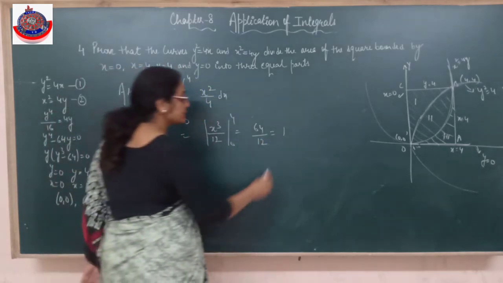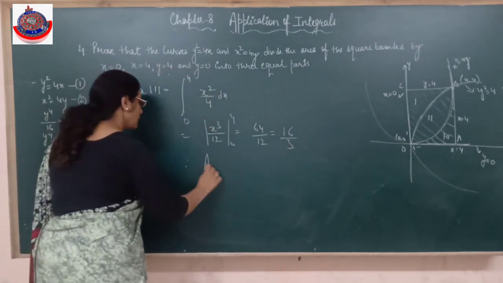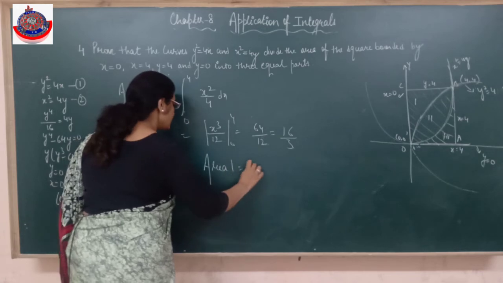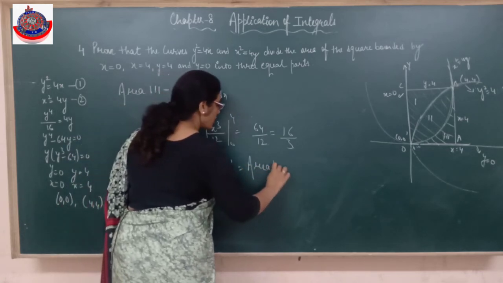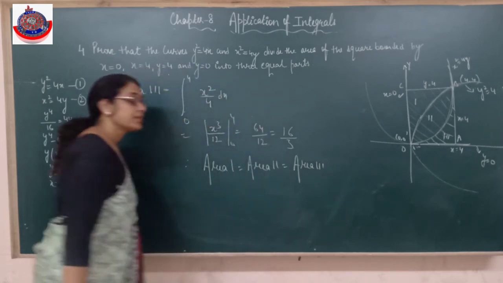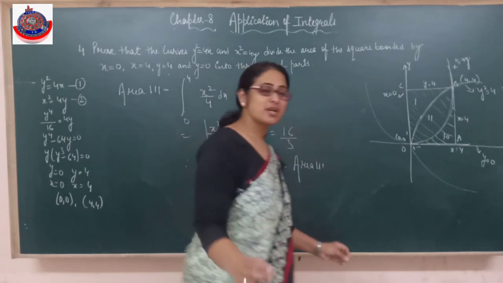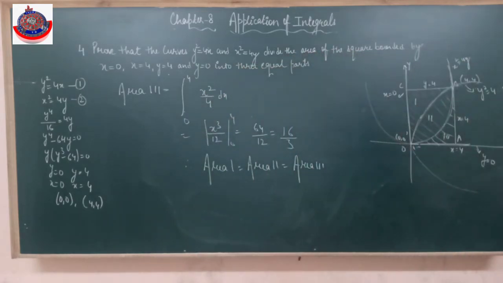Alright, so therefore area 1 is equal to area 2 is equal to area 3. Understood? Is it clear to everyone? So simple, you just have to think about the questions a little and that's it. The things will become very, very easy if you practice it well.